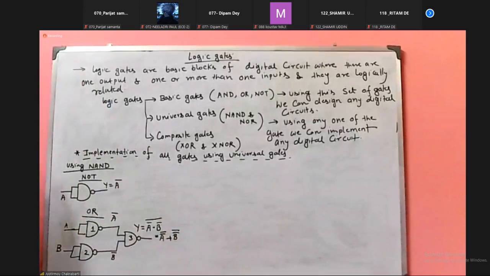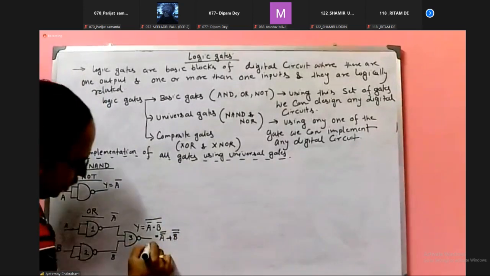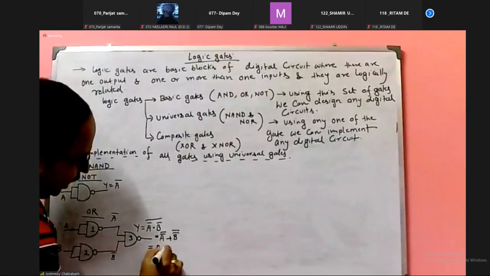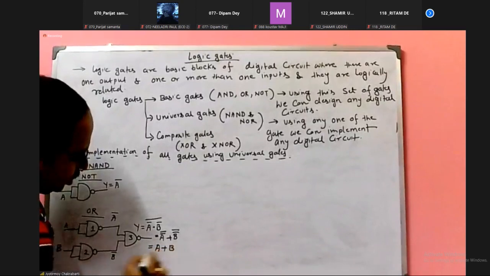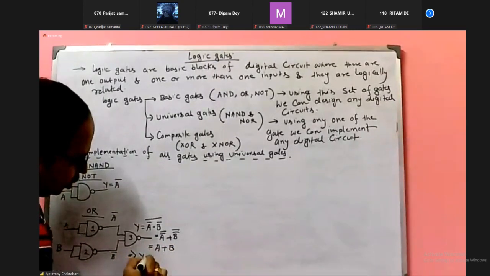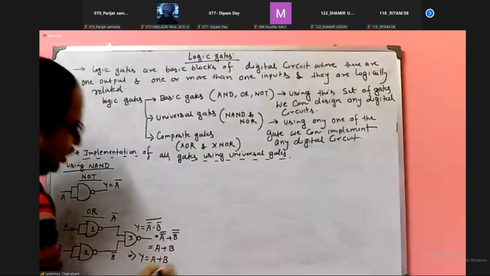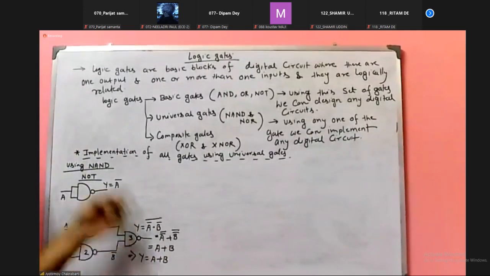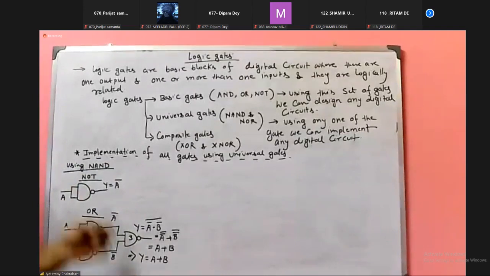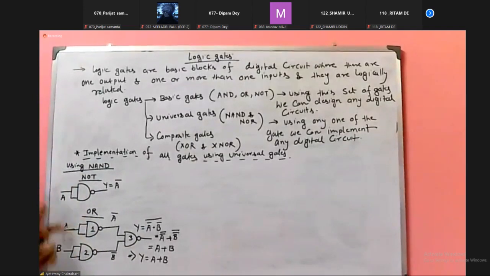Double bar means the original, so Y equals A plus B. This is nothing but an OR gate, which we have implemented using NAND gates only.